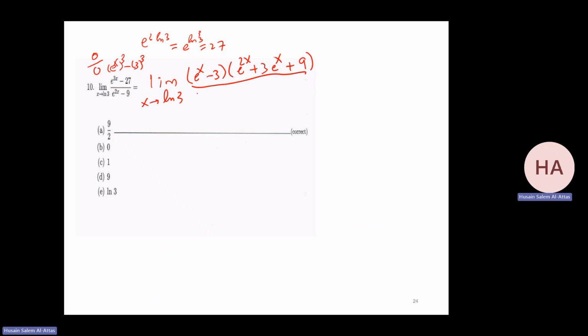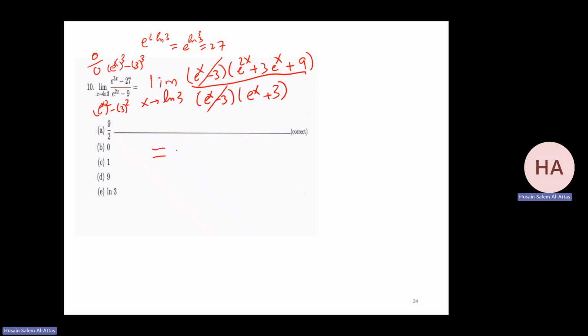The denominator is the difference of 2 squares. This is e to the x all squared minus 3 squared. So I have (e to the x minus 3)(e to the x plus 3). This is cancelled. Now I can substitute because I will not get 0 over 0.